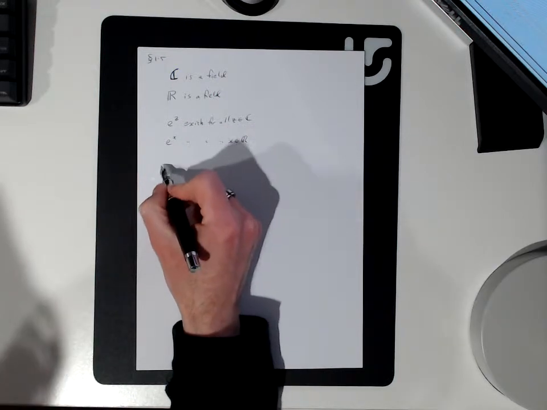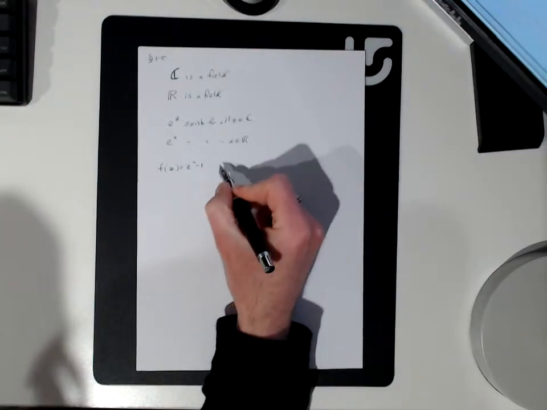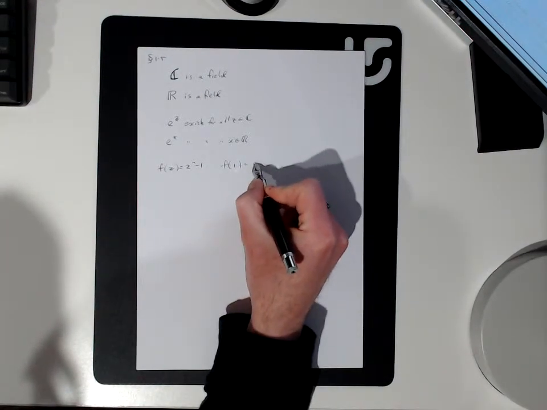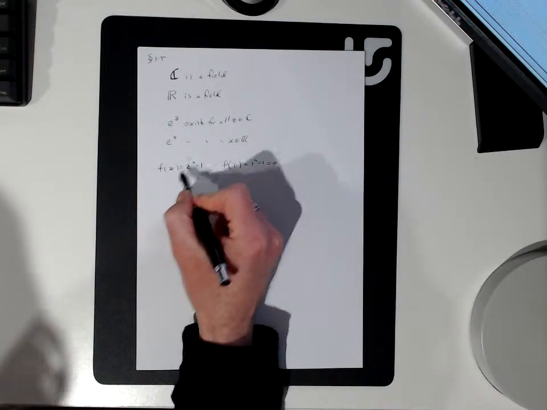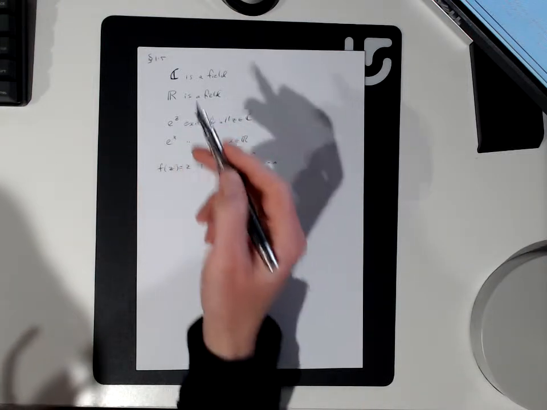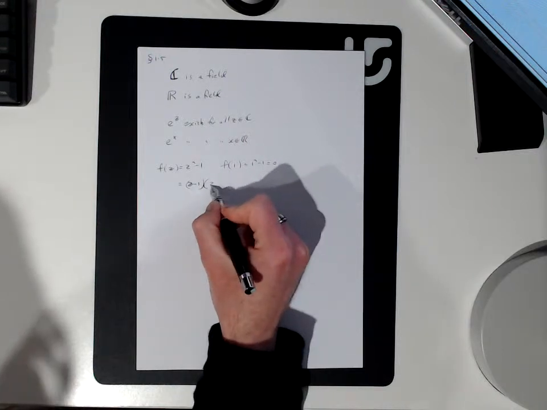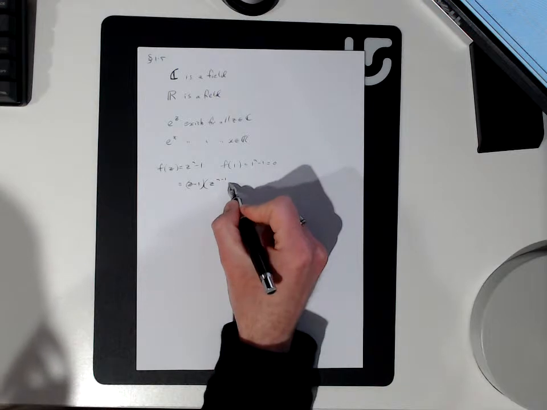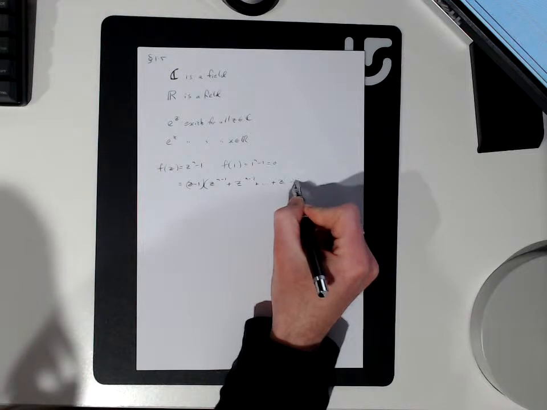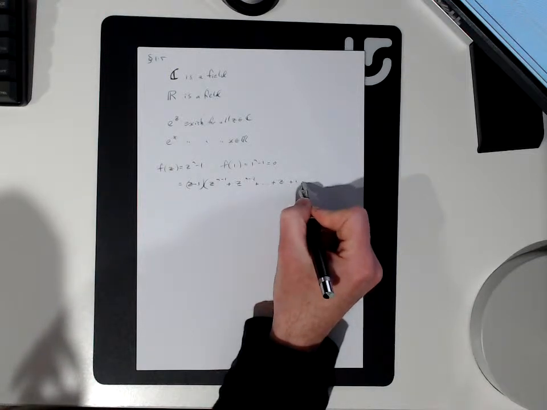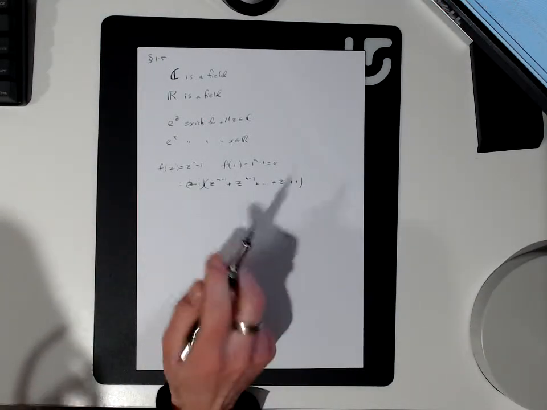Okay, so here's an example. f of z equals z to the n minus 1. Well, f of 1 is equal to 1 to the n minus 1 equals 0. So by the normal standard manipulations in, for example, R, we can say that this is equal to this.